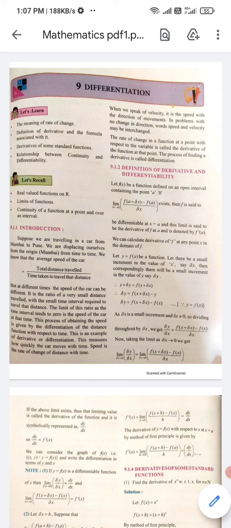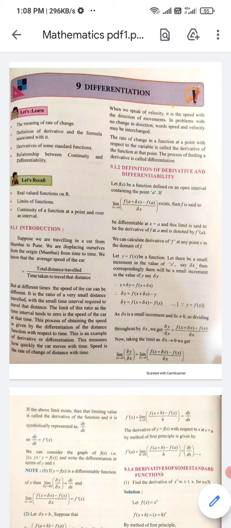So you know that average speed, when we are going from our village to Mumbai, then average speed of the car, that is speed is equal to distance upon time, that is total distance traveled upon time taken to travel that distance, is nothing but the average speed.